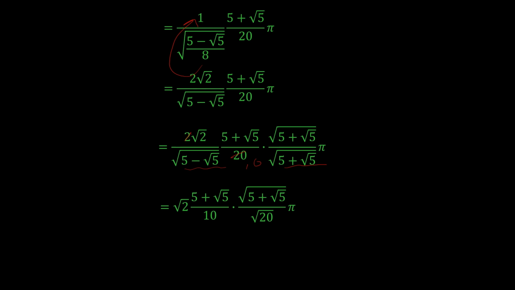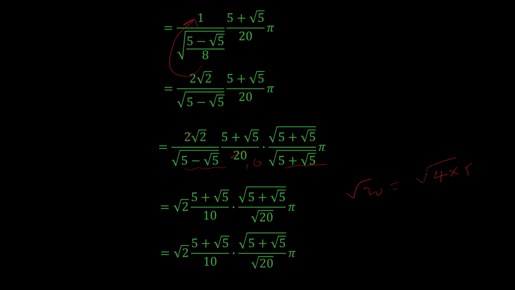So we still have the square root sign there, and square root of 20 is the same as square root of 4 times 5, and then square root of 4 is 2, so we have 2 root 5, right?